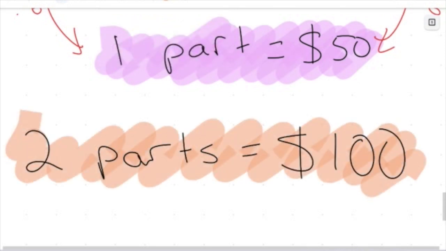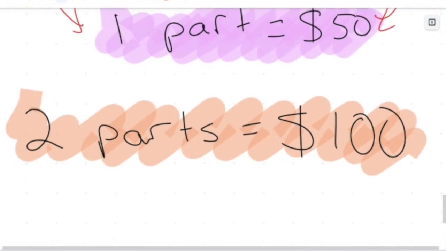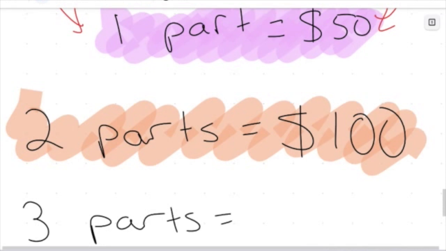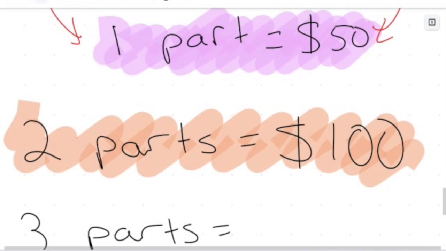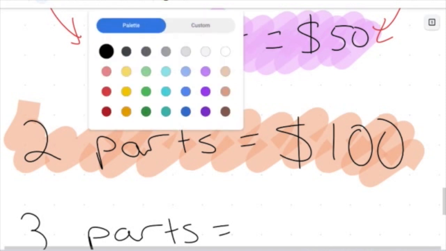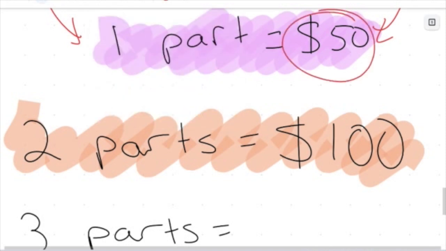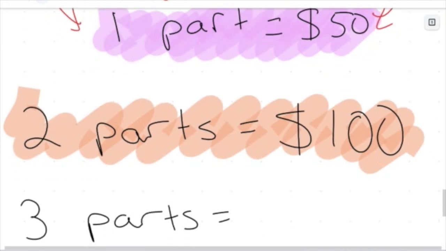And I can find how much the person who got 3 parts got by multiplying my 50 here by 3, because it's going to be 3 times whatever that person got. 3 times 50 gives me $150.